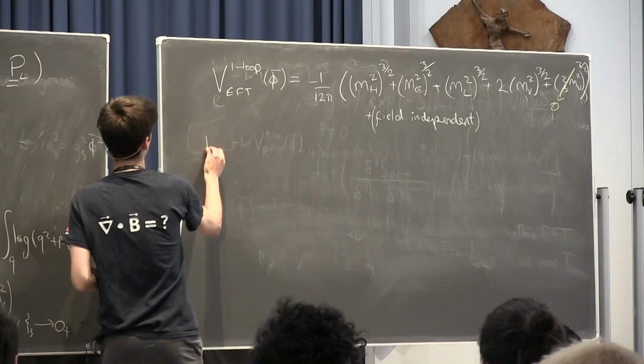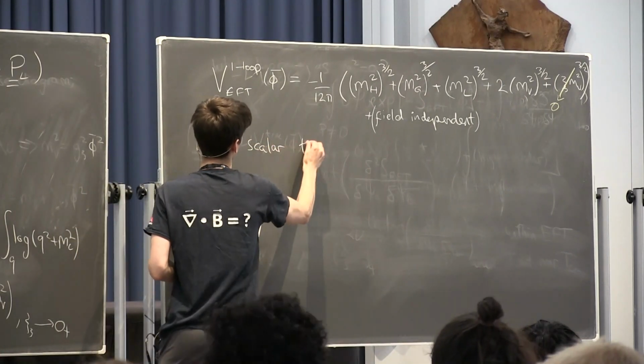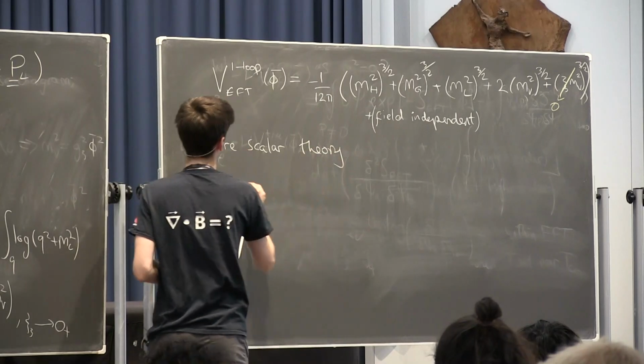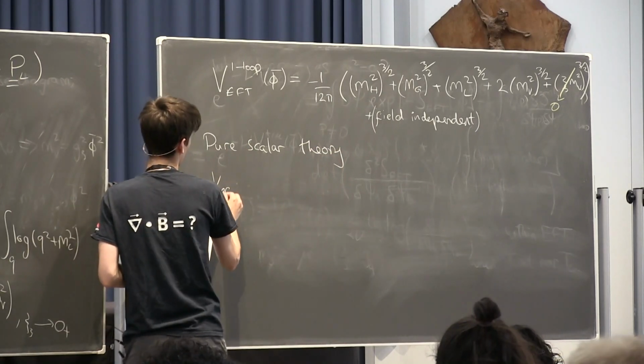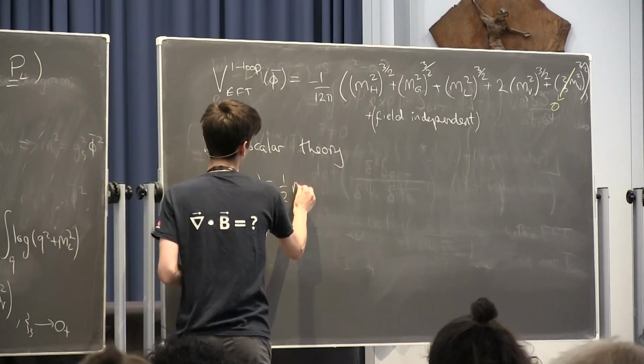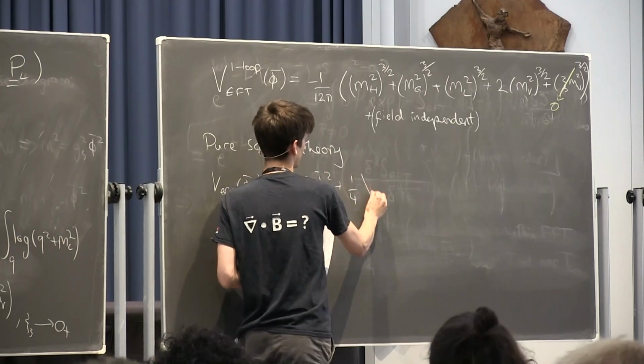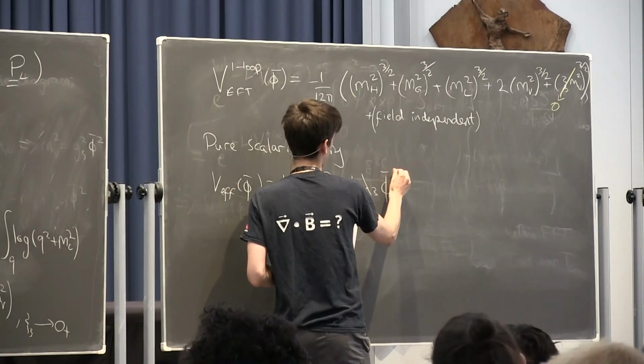So for the pure scalar theory, our effective potential is a half m3 squared phi bar squared plus a quarter lambda 3 phi bar to the 4.